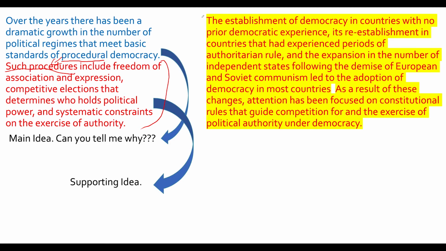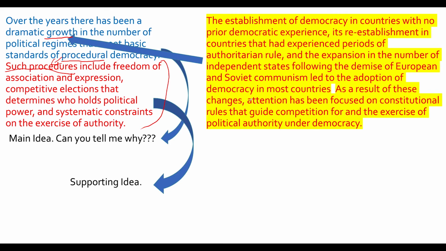Here, it will be different, because if you read it properly, it is telling us how and why and where the number of democratic governments increased. So this paragraph is actually reflecting upon this growth. It is nothing new. It is still a supporting idea to the previous paragraph. Hence, it cannot be my main idea.